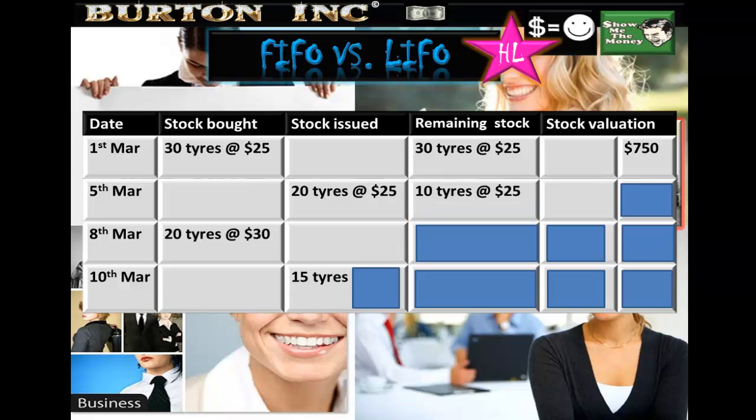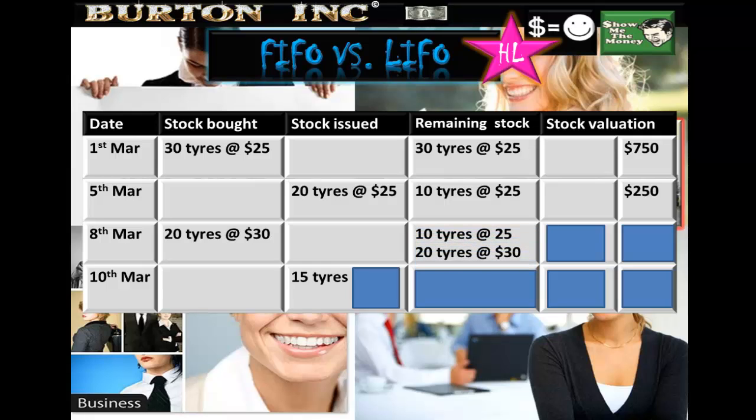We issue 20 tyres. Don't worry about the price, that's irrelevant at the moment. 20 tyres, so that would leave us 10 tyres left in stock. Those 10 tyres will still be valued at $25. So 10 tyres at $25, $250, the valuation there. On the 8th of March, we buy in more stock, and we can see this time that the purchase price is more. They've gone from $25 to $30.